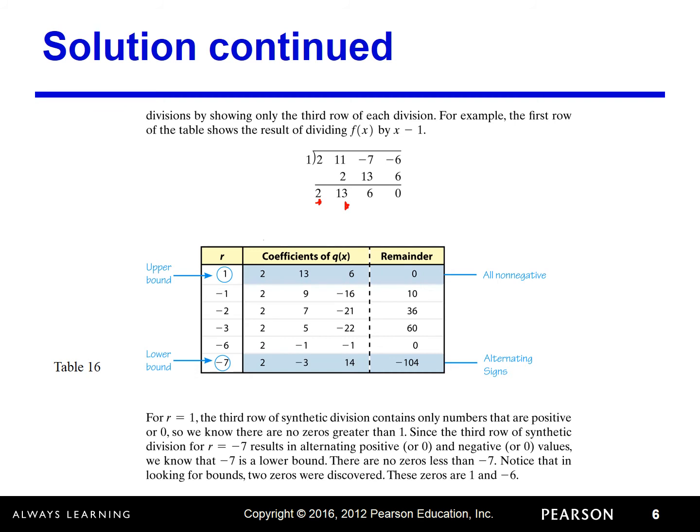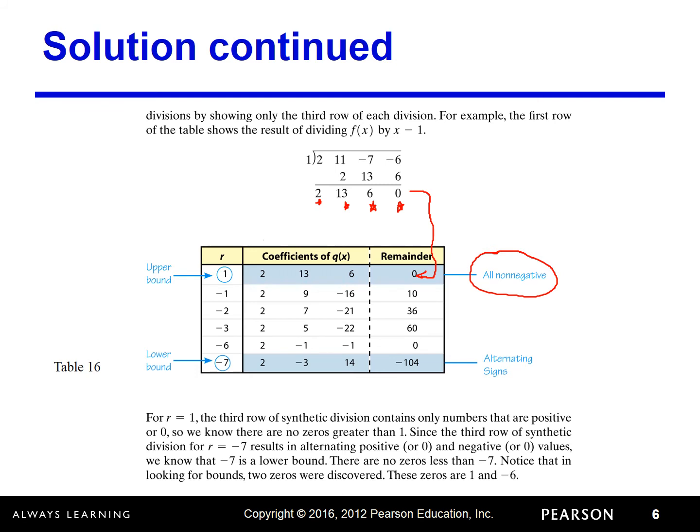And that tells us that we have an upper bound, which is 1. There is no 0 for f of x which is greater than 1, because we had all non-negative numbers in that third row of the synthetic.